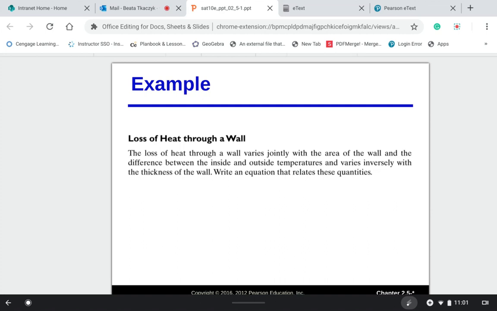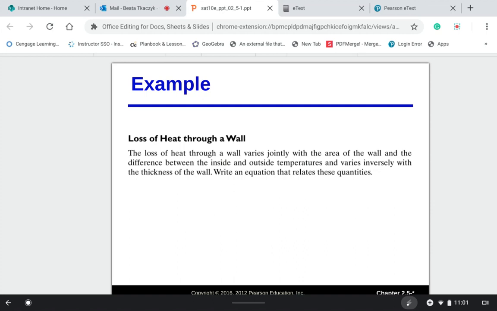The loss of heat, which I will introduce as L, varies jointly with the area of the wall. That will be A, my second variable, and the difference between the inside and outside temperature. For that difference, I will just introduce one variable, which will be T. So we already have three variables.